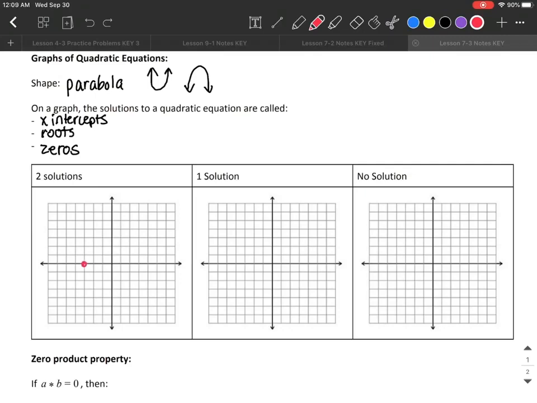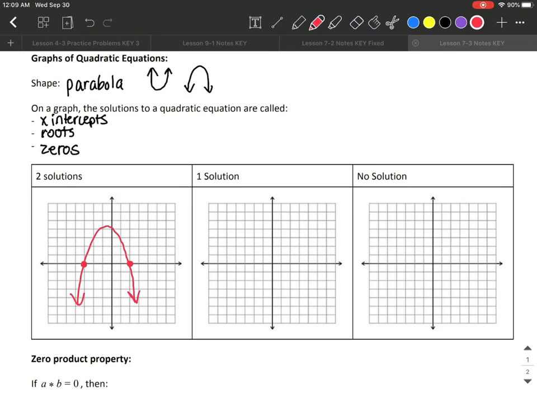So maybe it intersects right here. That's on the x-axis. And I need two, so maybe the other one intersects there. And now I have a parabola connecting them. That is an example of a parabola or a quadratic equation with two answers or solutions. I didn't have to draw it like that. Whoops. I could have also made it look like this, as long as it's intersecting in two places.